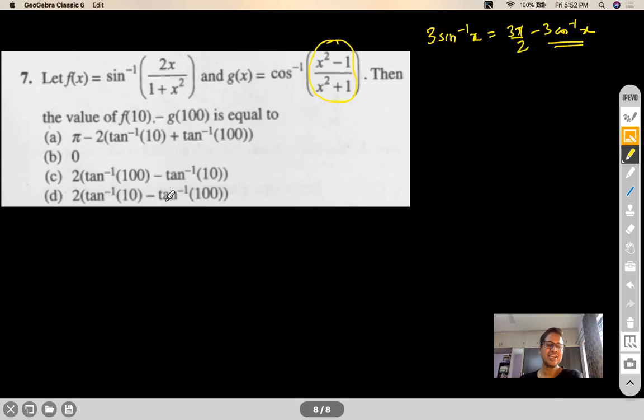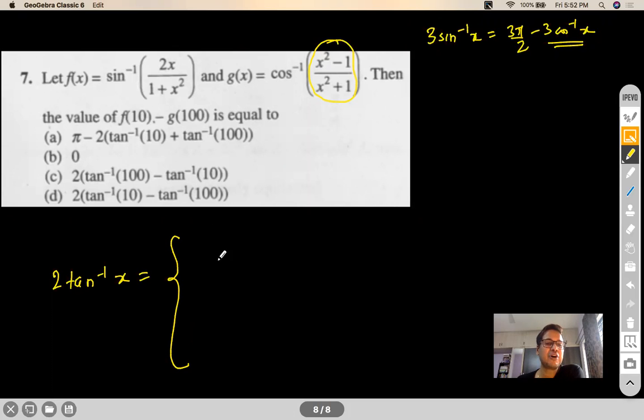So in short, I need to write down the formula of 2 tan inverse x in terms of sine inverse and cos inverse, right? Now, I'm just going to write down the part which is going to be of relevance to me. Since I'm finding f10, that means my x is 10. What is the formula that I'm going to use?